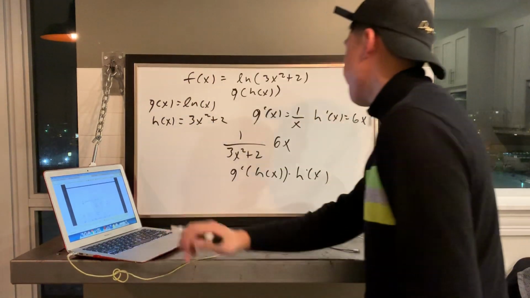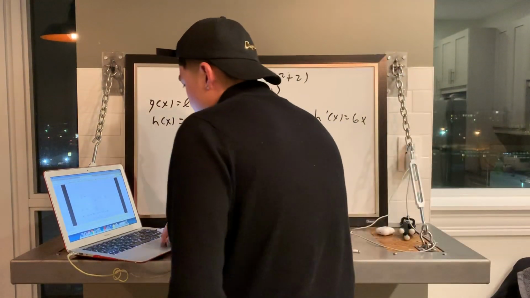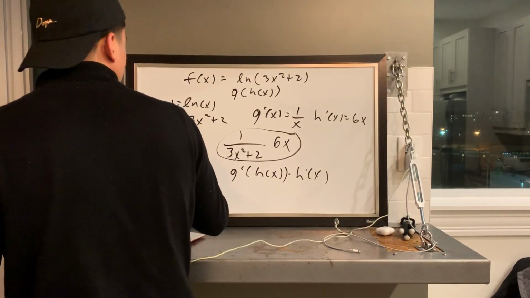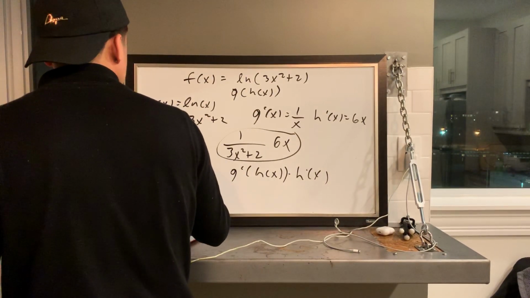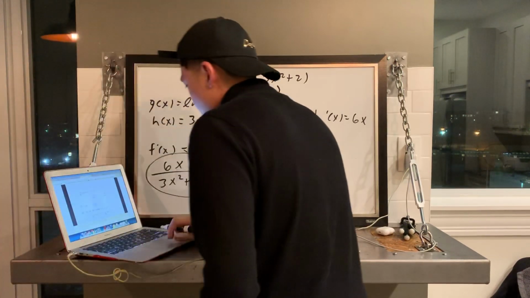To write it a little better, you get 6x over 3x squared plus 2.